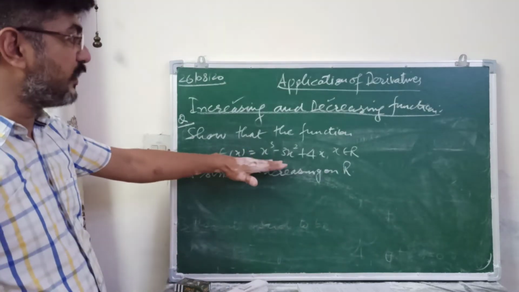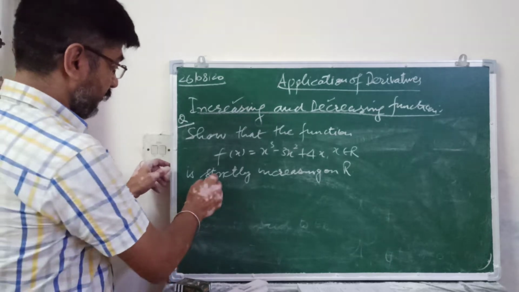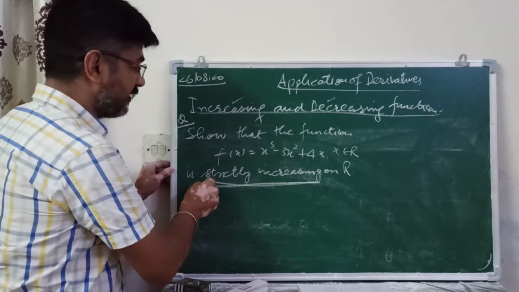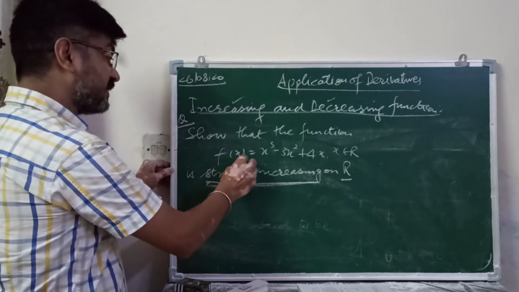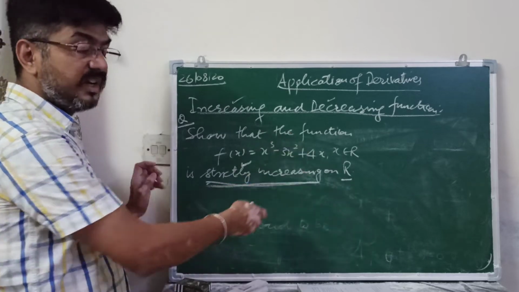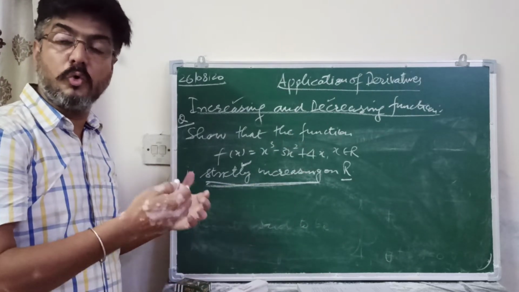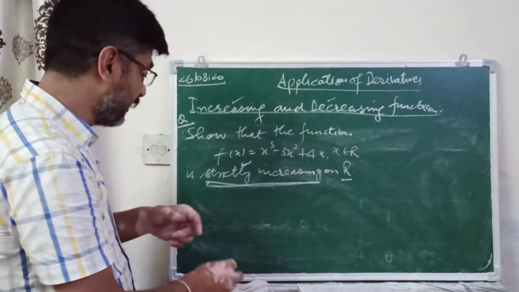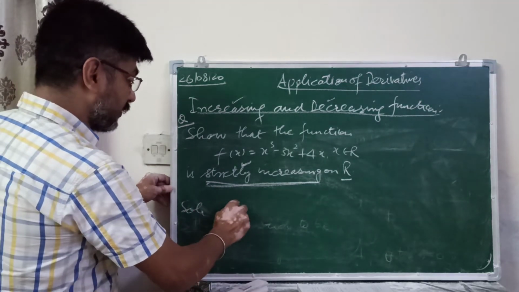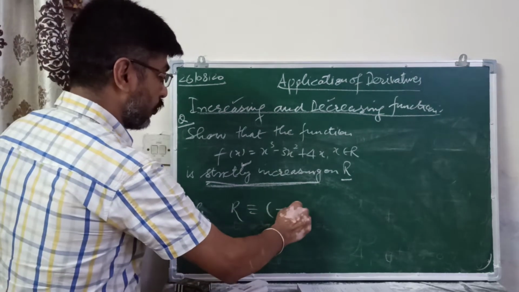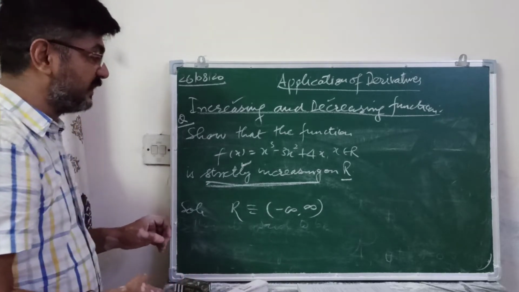The function is given to you. We will calculate strictly increasing on R. If we are given strictly increasing, then it will be on open interval, and you know very well what about R? It is an open interval from minus infinity to plus infinity.